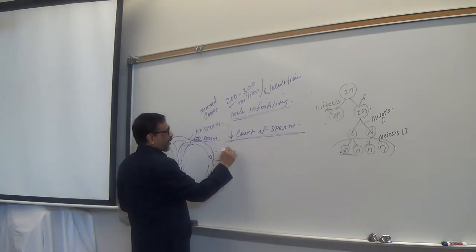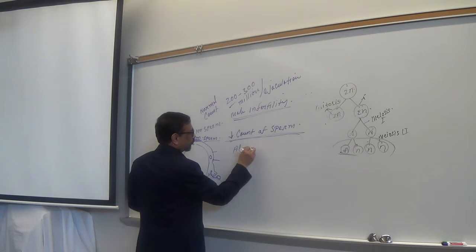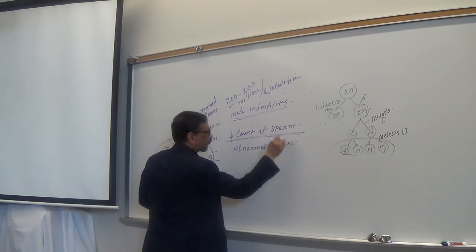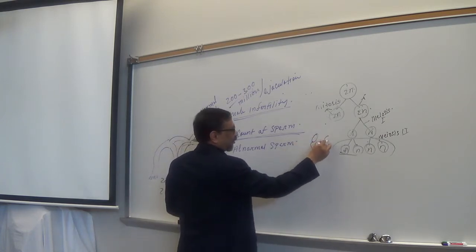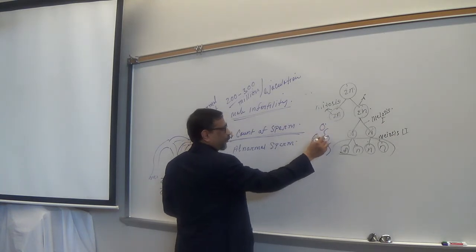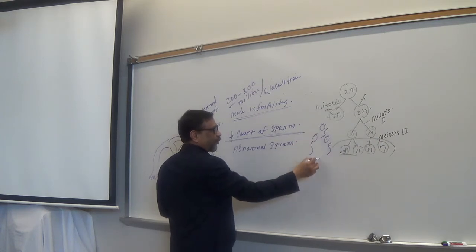Another is abnormal sperm. Sometimes we see that many sperm, the head and tail part are separated. This part is separated from the head part.